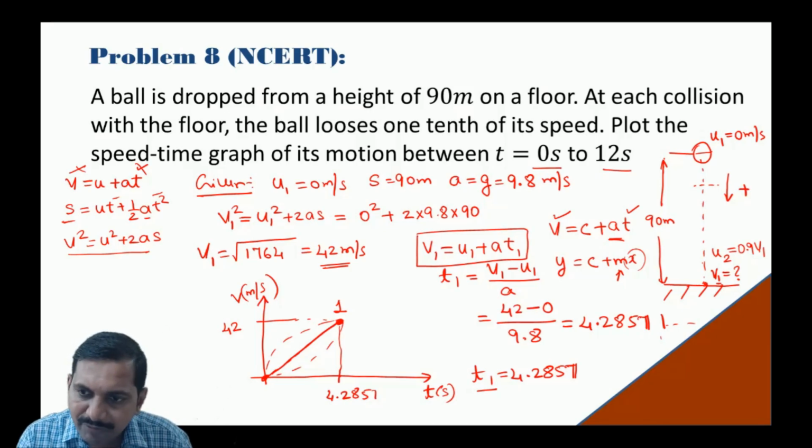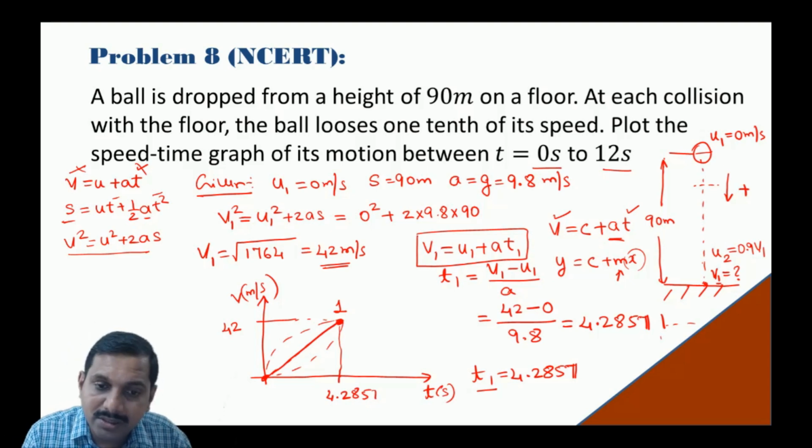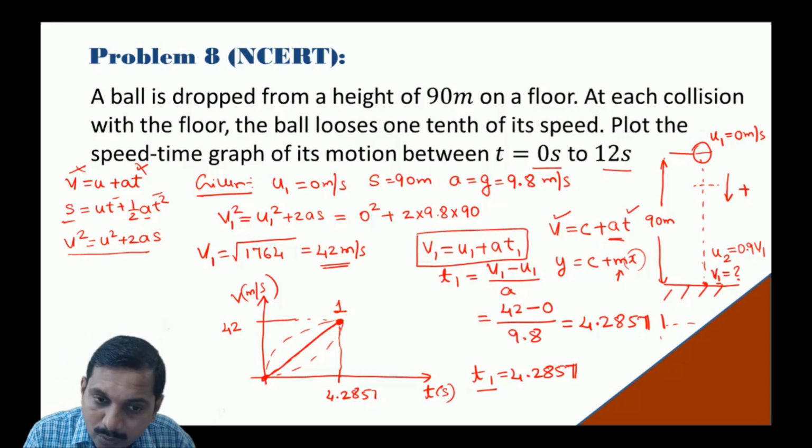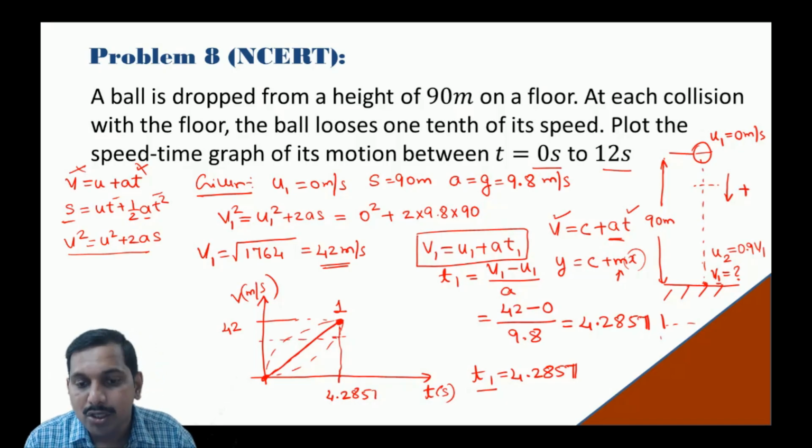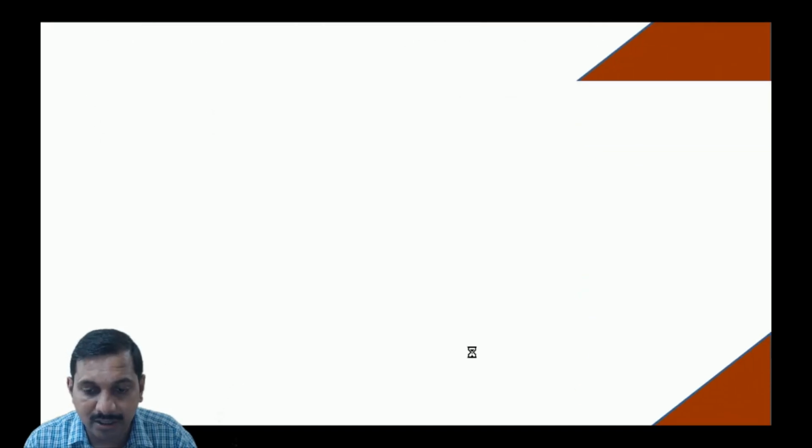Now next point, how will we go? See, just after it hits, it goes up, is it not? When it goes up, it loses its velocity. So when it goes here, it loses its velocity. How much does it lose? It loses 0.9. So we have this loss. Let us take the loss again.